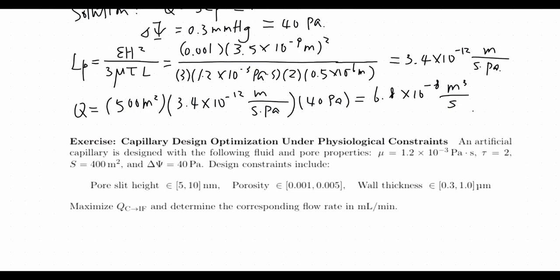You have an artificial capillary with these properties, and also a design constraint. If you want to maximize this volumetric flow rate, how do you choose your design? How do you choose your pore slit height, the porosity, and the wall thickness?